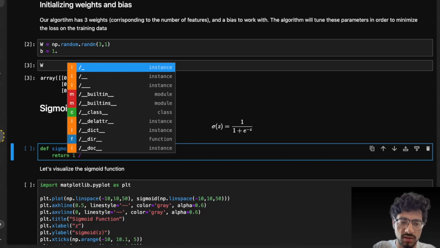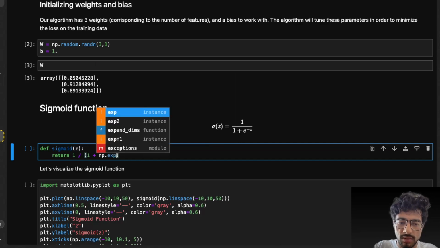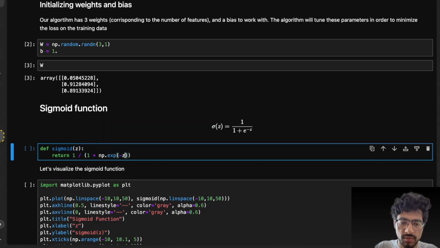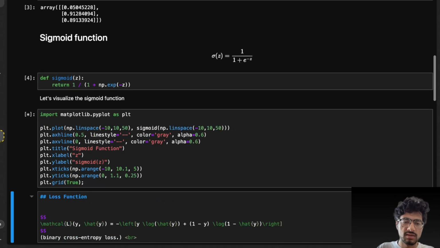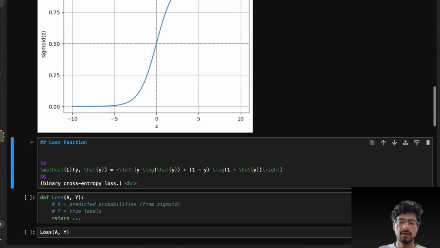Now let me just real quick implement that in code. And let's visualize the sigmoid function. This is how it looks. So basically, we can use it for binary classification more easily.